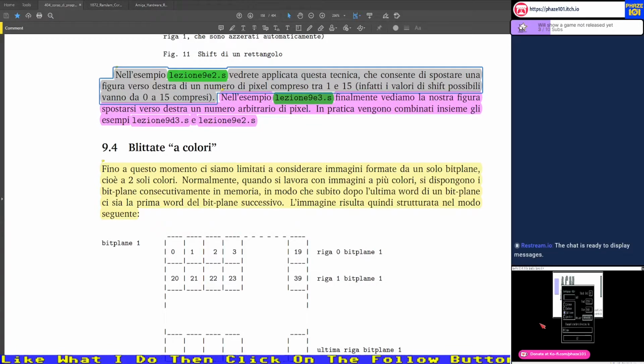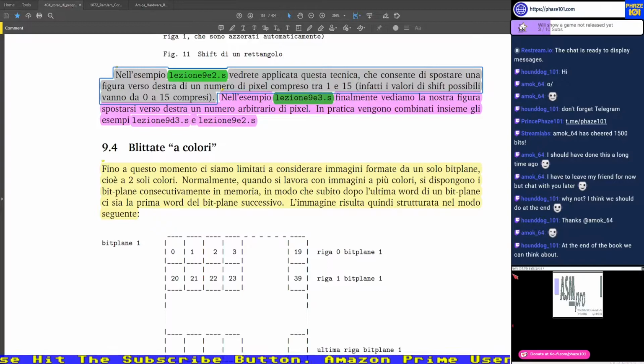Welcome to episode number 36 of this Amiga assembly programming series based on the book by Fabio Ciucci, who I thank personally.